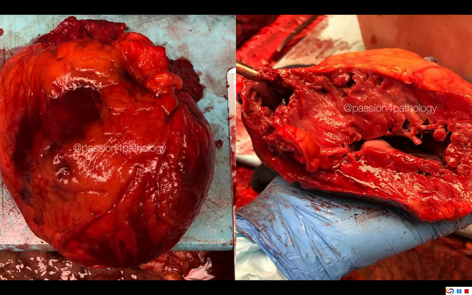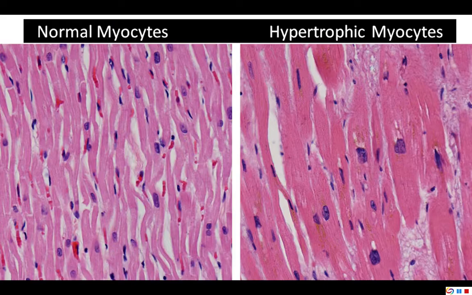And then histologically, what you're going to see is each cell is getting thicker, or getting bigger, or hypertrophying. So on the left here, these are normal cardiac myocytes. You can see that the fiber is just a little bit wider than the nucleus, versus if you compare these over here, look at this fiber. So here's your nucleus, and then look how wide that fiber is in comparison.